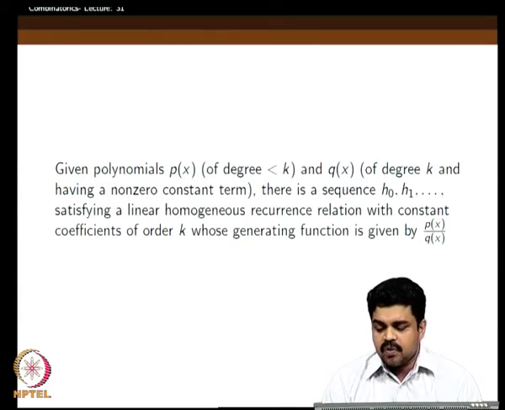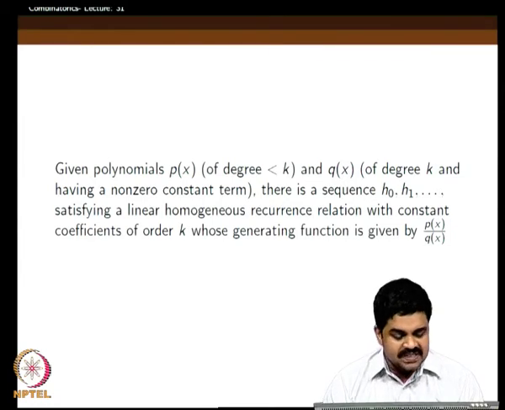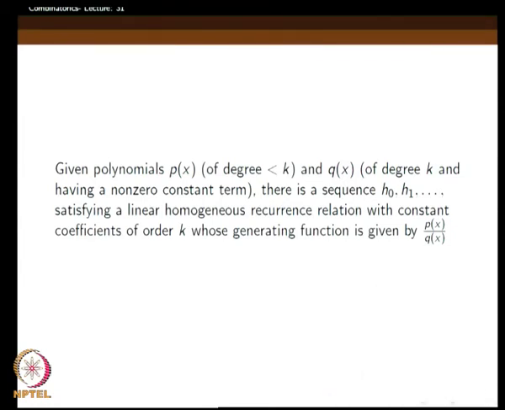Suppose you are given a generating function of the form p of x by q of x, where p of x is a polynomial of degree less than k and q of x is a polynomial of degree k and having a non-zero constant term. We are not insisting that the constant term be 1, we just want it to be non-zero.